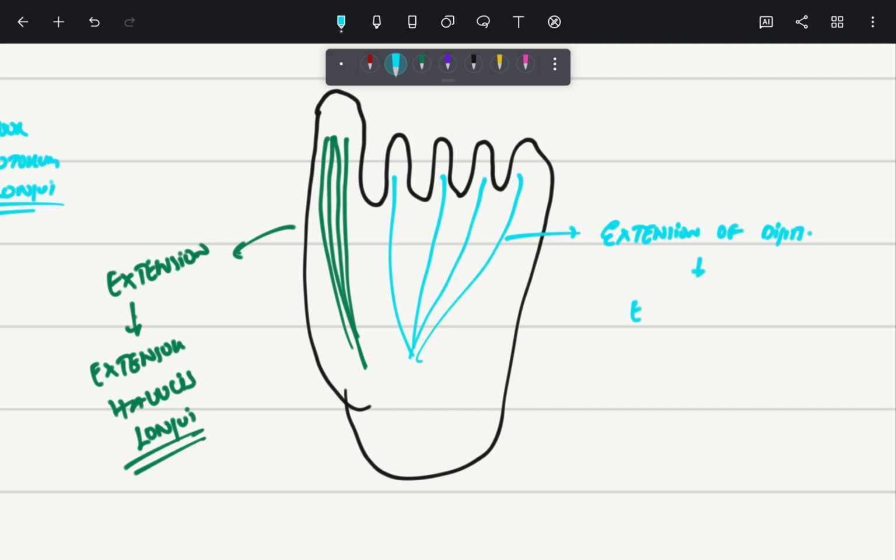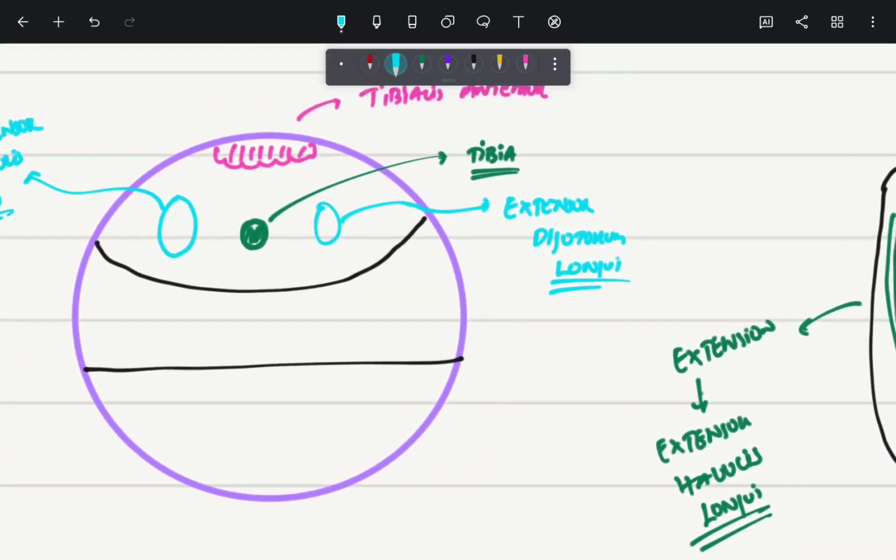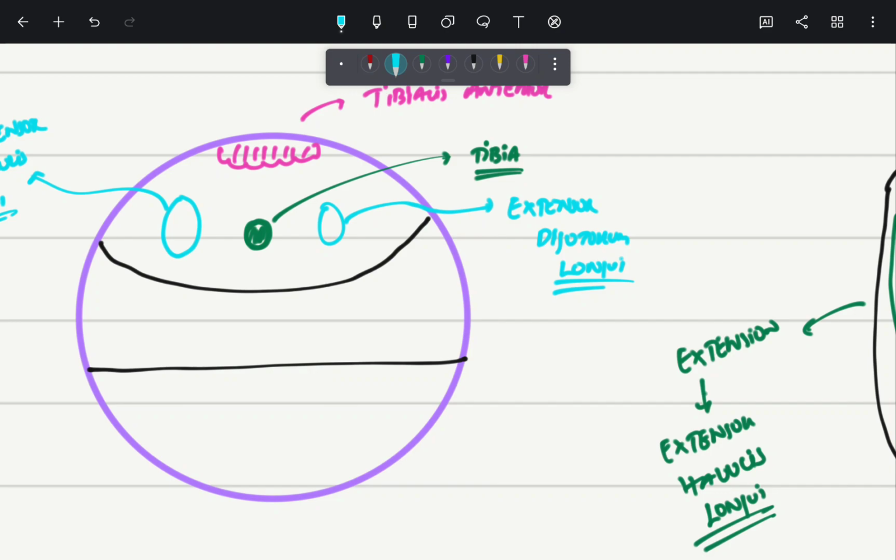Hence this muscle is called your extensor digitorum. Since this muscle is going to the digits, it is called your extensor digitorum longus, as the muscle is very long. Okay. So extensor hallucis longus and extensor digitorum longus are present in the anterior compartment.